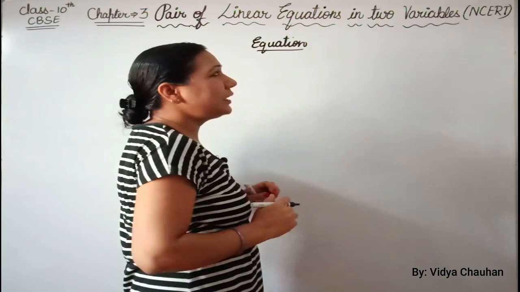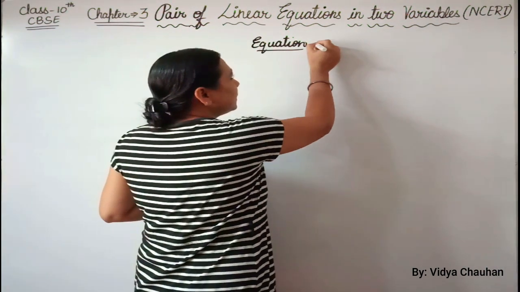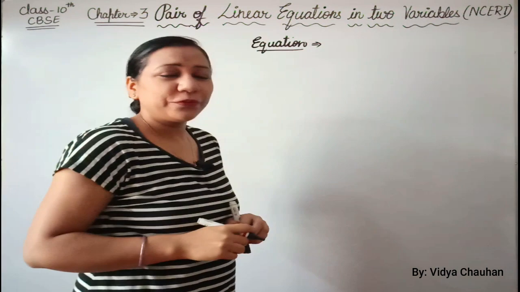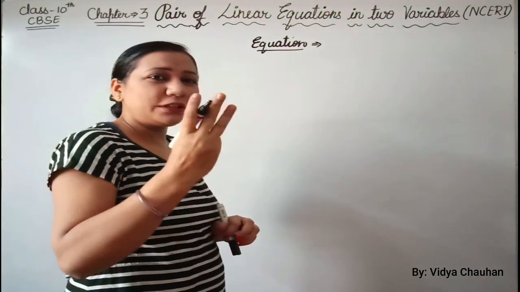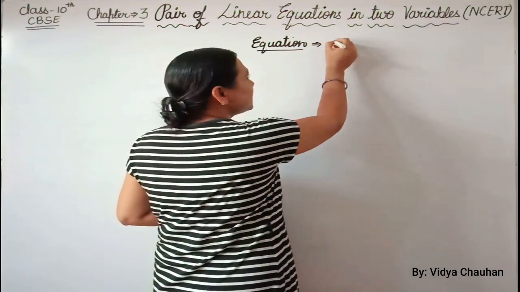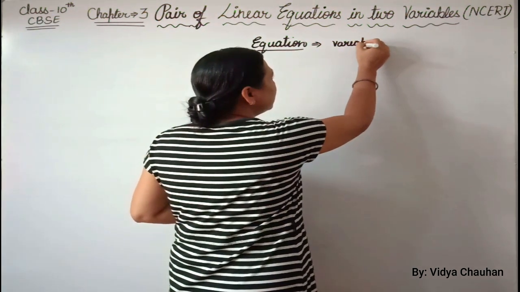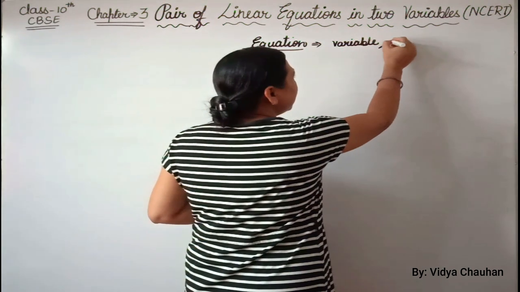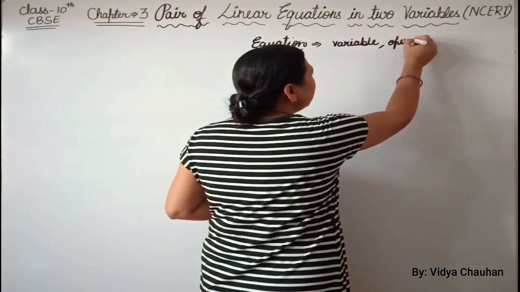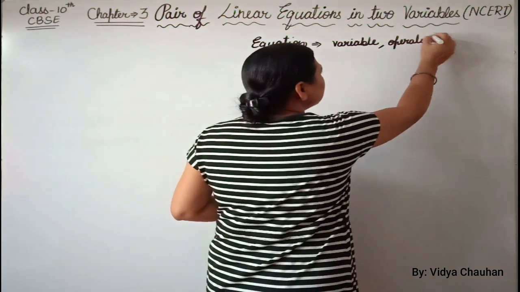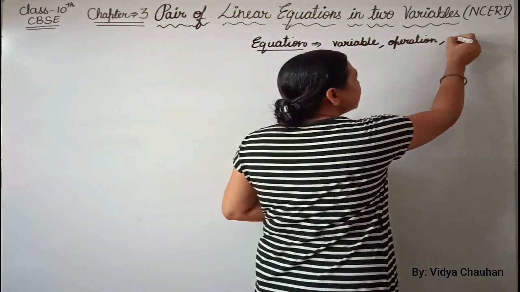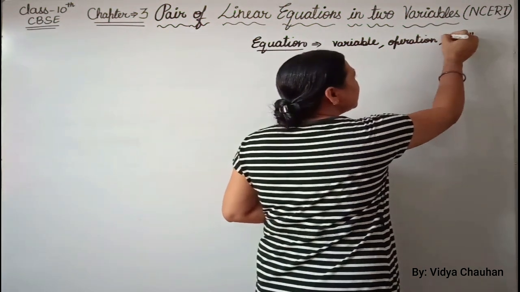An equation is an expression which is made up of three things. Very first, a variable. Second, an operation, and third is the symbol of equals to.